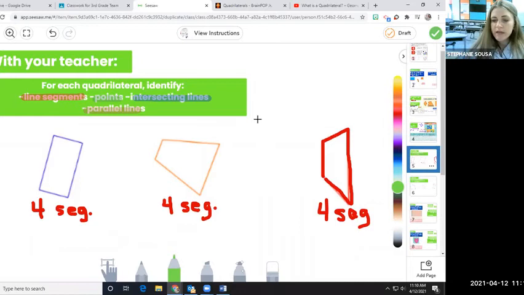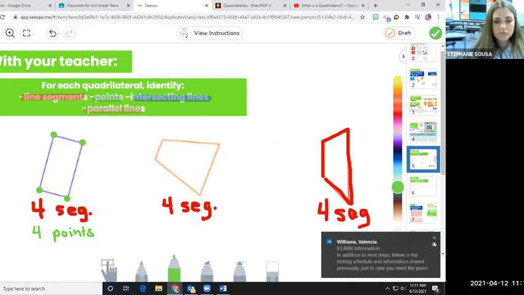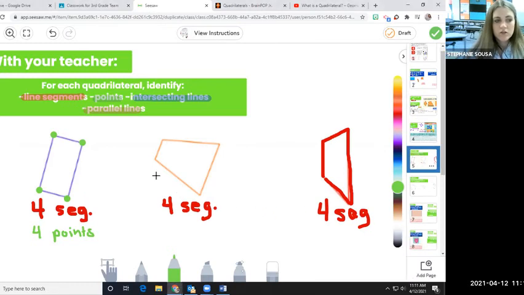Let's switch to green and identify the points on these shapes. We have 1, 2, 3, 4. 4 points. Let's look at our next trapezoid. We have 1, 2, 3, 4.